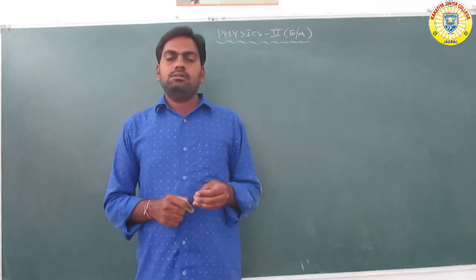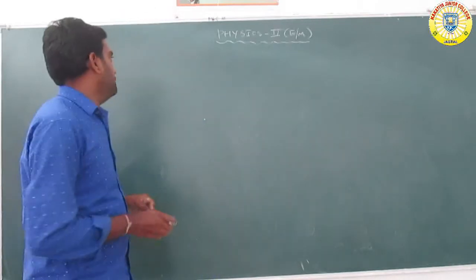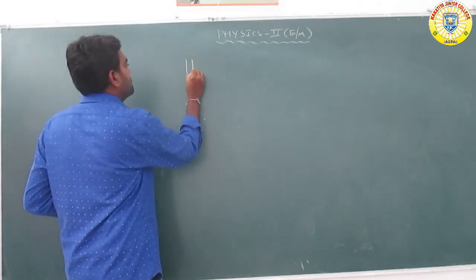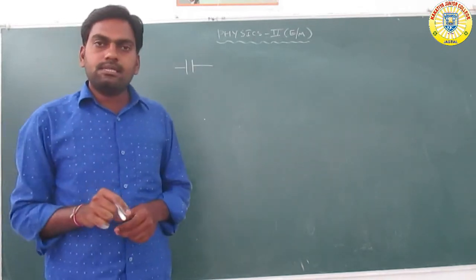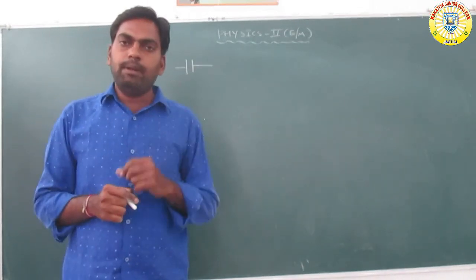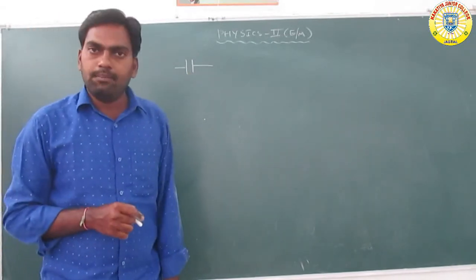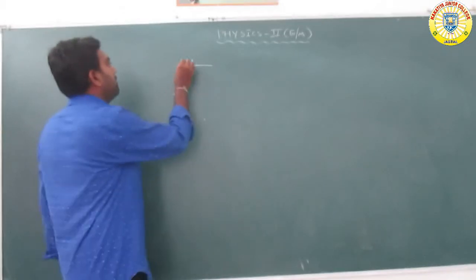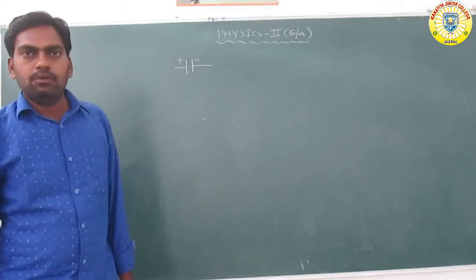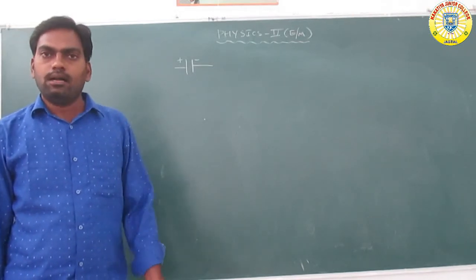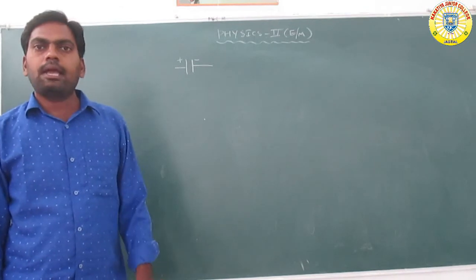Now, capacitors are represented by a symbol. This is called a capacitor. The capacitor consists of two plates, a first plate and a second plate. One plate is taken as positive and the other plate is taken as negative.